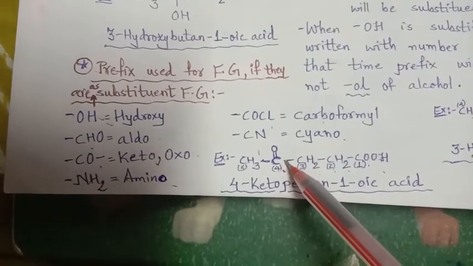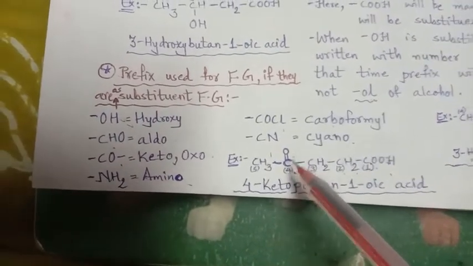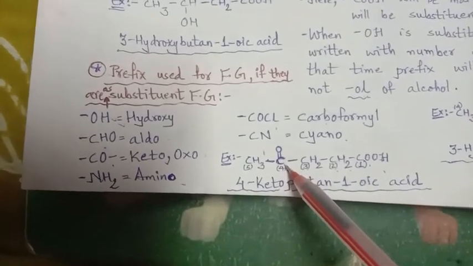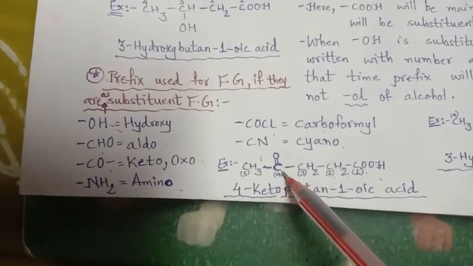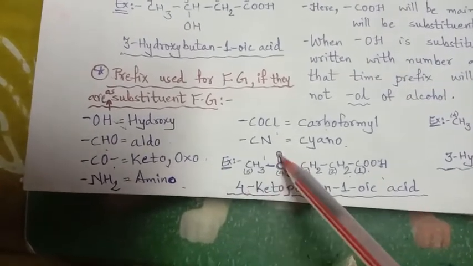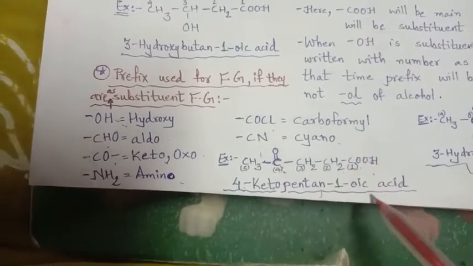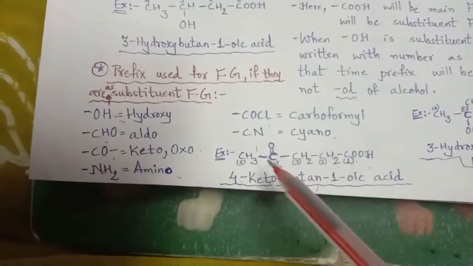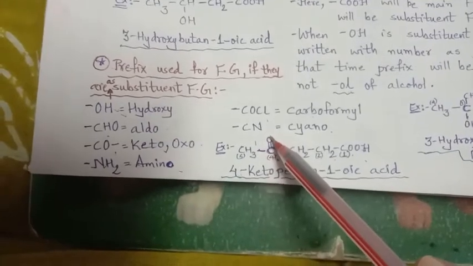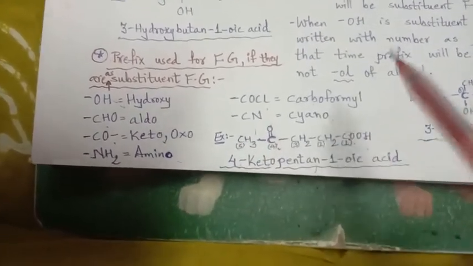Otherwise in a suffix we were using -one: acetone, propanone, butanone. But here it is not a suffix, it is a prefix. So we will take keto. 4 carbon, so 4 position, 4-keto, total 5. Pentane, 1-oic acid. 4-keto, pentane, 1-oic acid.